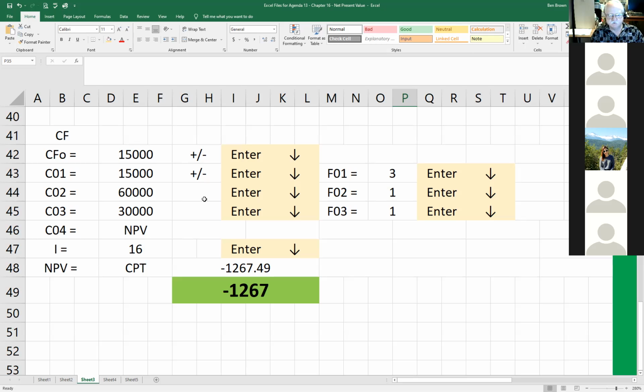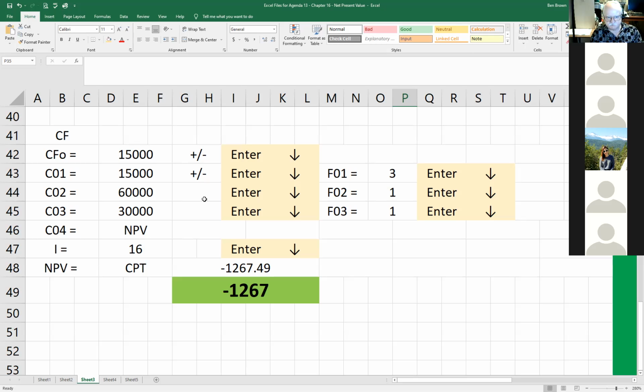That's the 20,000 plus the 10,000 residual value. So 30,000, it's positive, enter, down. And then the frequency of this one is 1. So 1, enter, down. And now it wants to know about the 4th cash flow, but there is no 4th cash flow. So hit NPV.